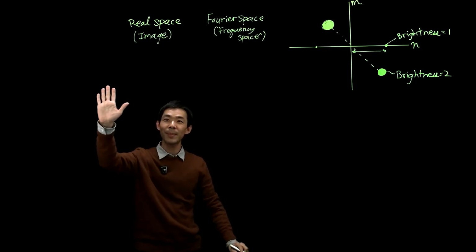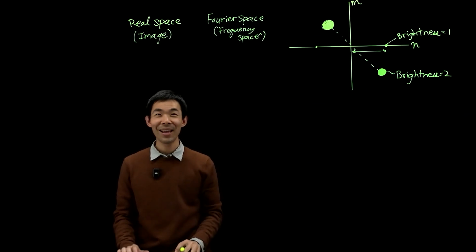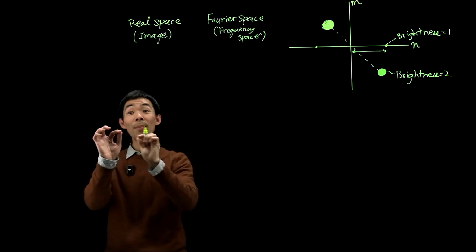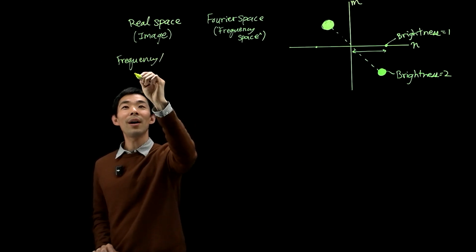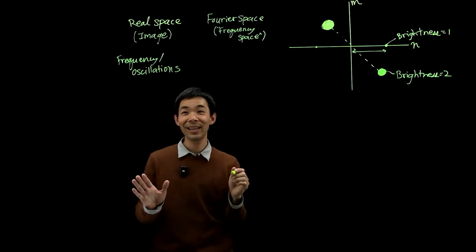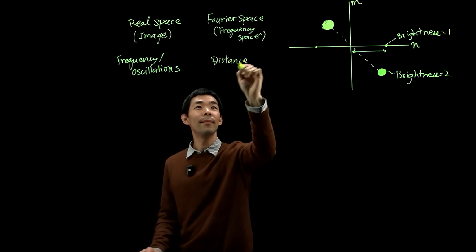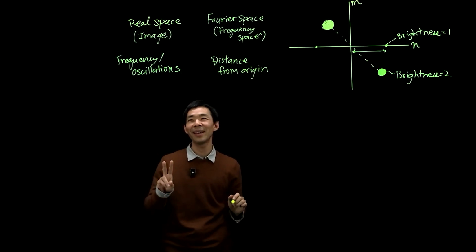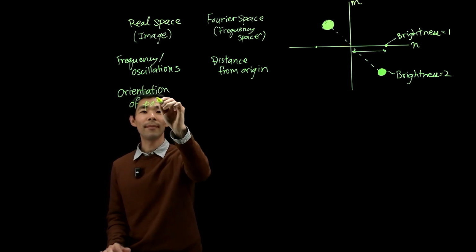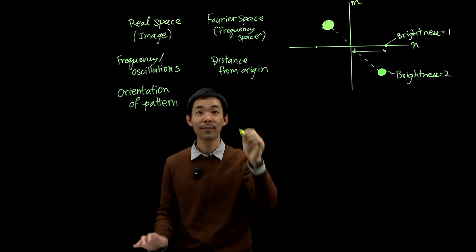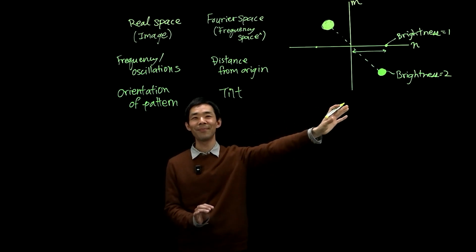Okay, you have your real space picture, and you have your Fourier space representation of that picture. Now, you have the frequency, how many oscillations it does. I'll just say frequency, or oscillations, comes directly from the distance from the origin. That's one thing. The second thing is the orientation of your patterns. Comes from the tilt of your points in the Fourier domain. Okay?